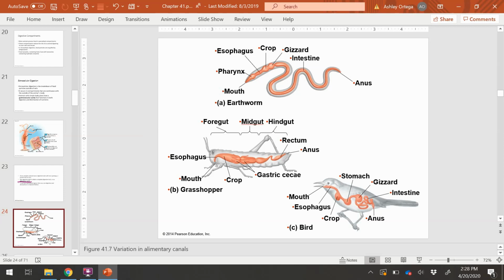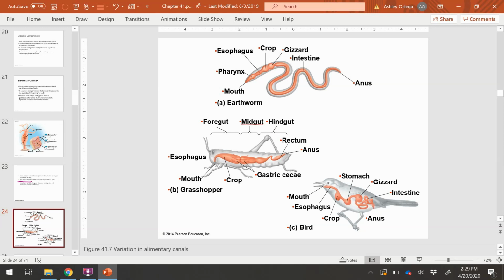Then here, lastly, the bird, again taking food in from the mouth, going to the crop through the esophagus. It's temporarily stored in the crop. Then goes to the stomach for digestion, for mechanical digestion. And gizzard for further digestion, more chemical in nature.